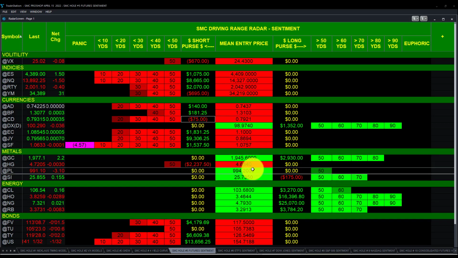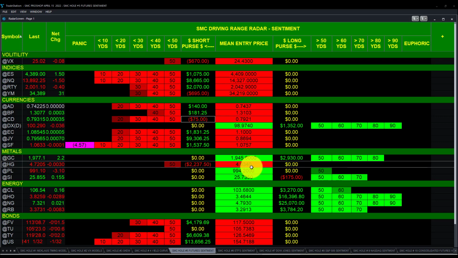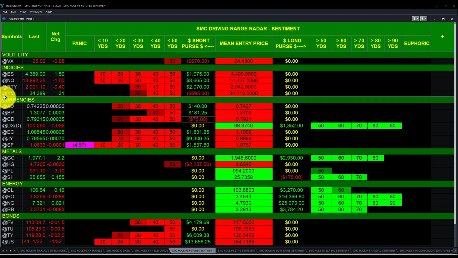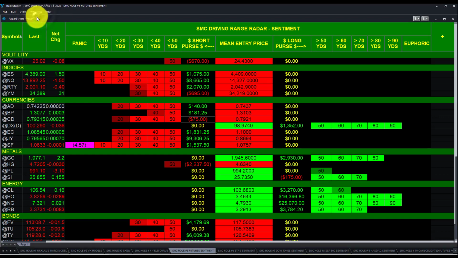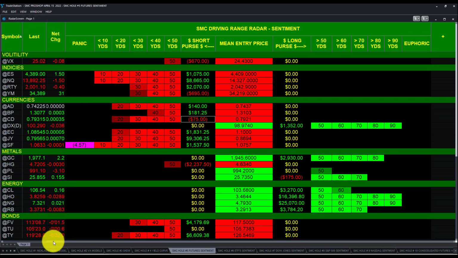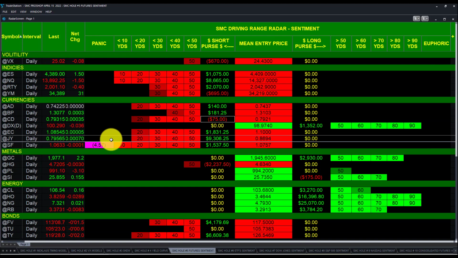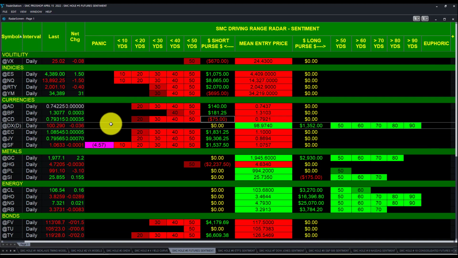So this is a great tool to look at markets on whatever interval. Not sure why my interval isn't there. Let's see, it should be. And oh, here it is. Sorry, daily. It can help us get our back to the wall.